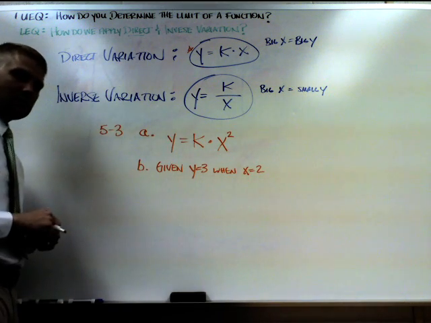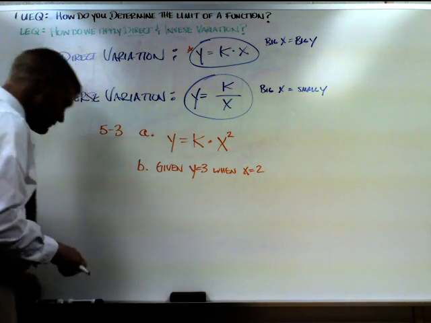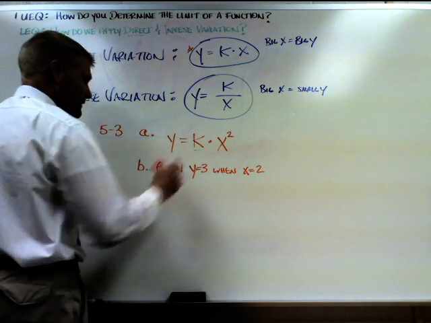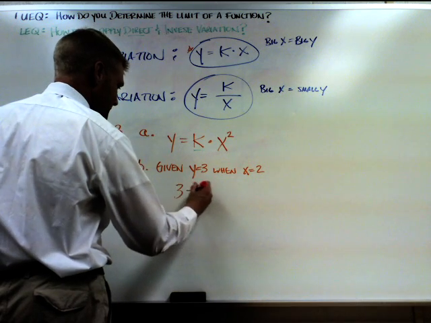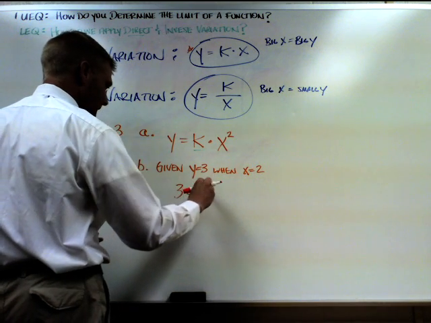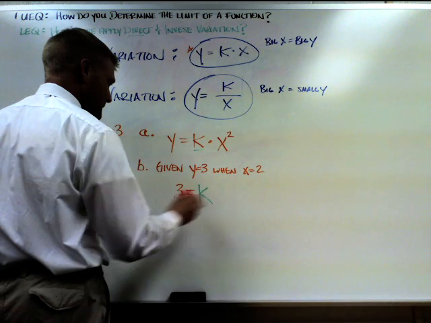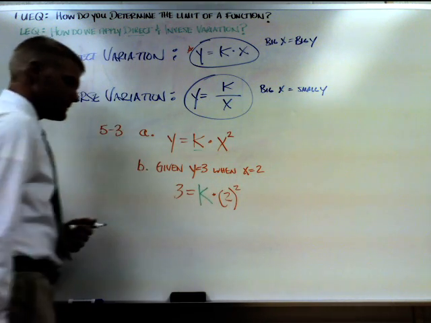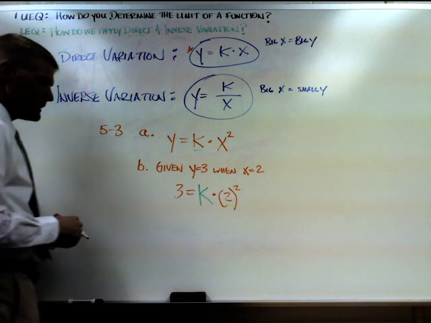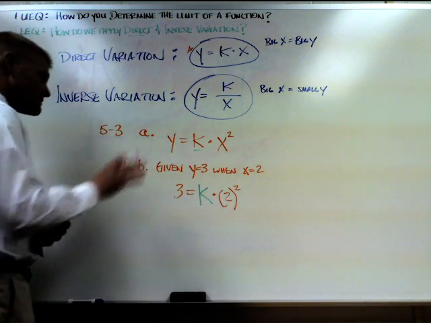Well, what's the only variable we do not know at this point? The only variable we do not know is k. So let's plug in for everything that we know. 3 equals k times 2 squared. And solve that equation for k.